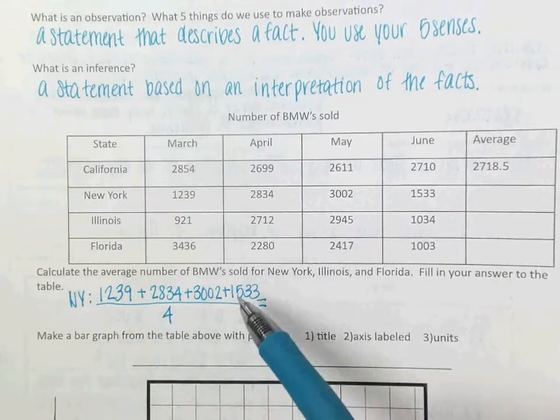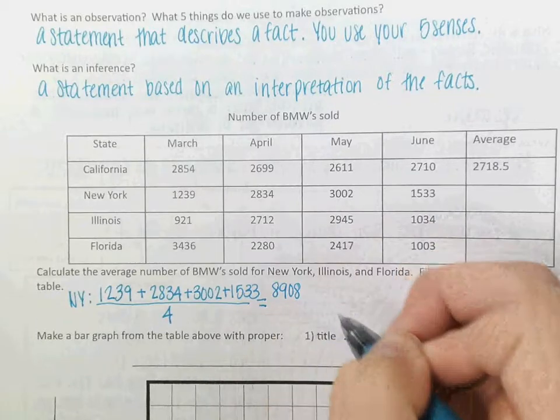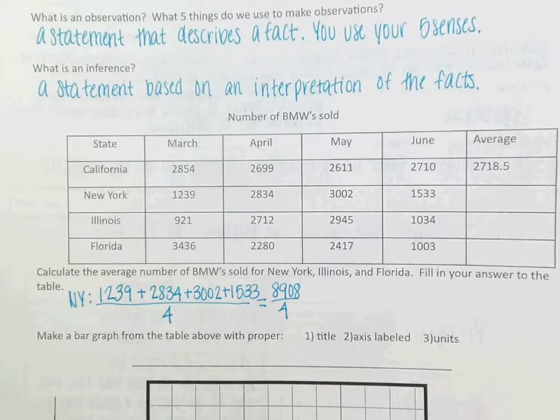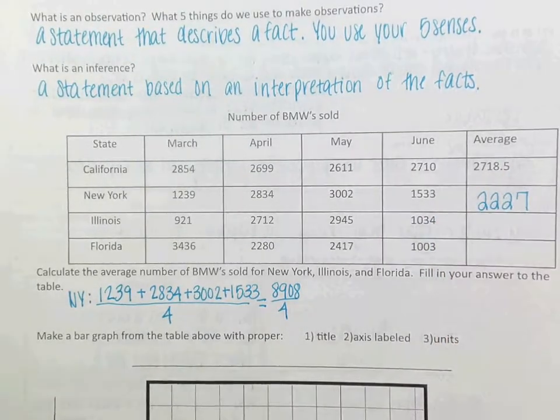When we add our numerator, we get 8,908, and we divide by 4, which gives us an answer of 2,227.